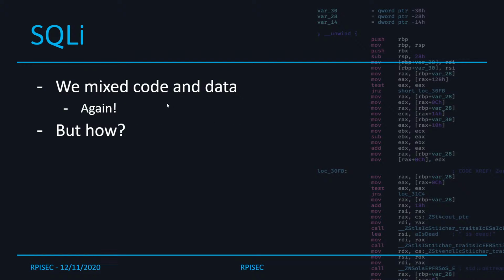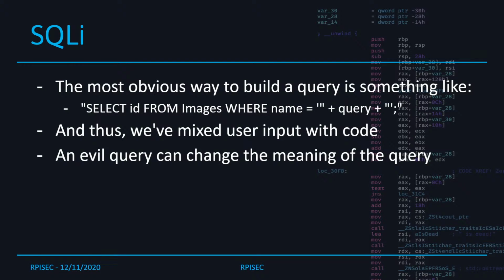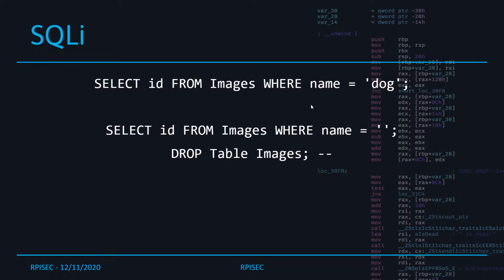So how did this happen? Well, the most obvious way to build a query is to do something like this. So over here, we're going to say, select IDs from our images table where the name equals, and then we open a quote mark, put the query in there, and then put a closing quote. So if the user types something that isn't evil, like dog, this will just turn into a healthy query.